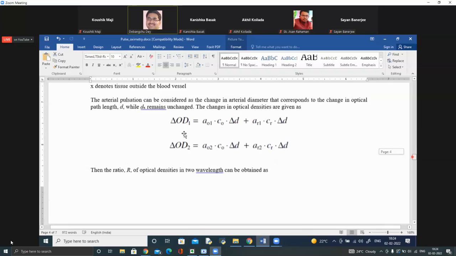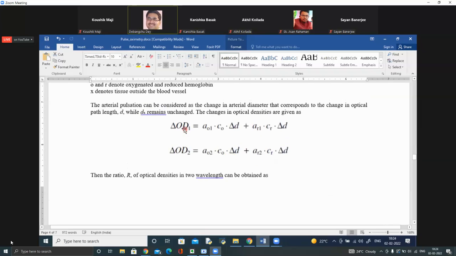And if we take the difference of this OD1, that means the optical density at wavelength 1, say for 660 nanometer, the instrument takes some time and waits for the change in OD1. So the change in OD1 can be represented like this.